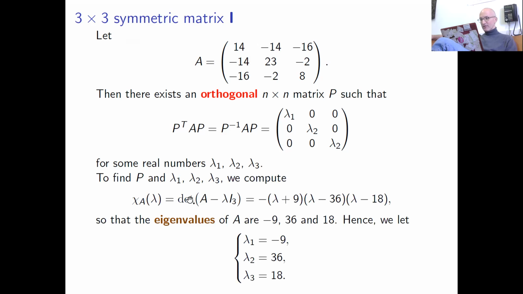I compute the characteristic polynomial as the determinant of this matrix. This is a little bit different step. I mean, it's the same step, but maybe a little more difficult than the 2 by 2 case, because in the 2 by 2 case your characteristic polynomial is quadratic, and you have a formula for the roots of a quadratic equation.